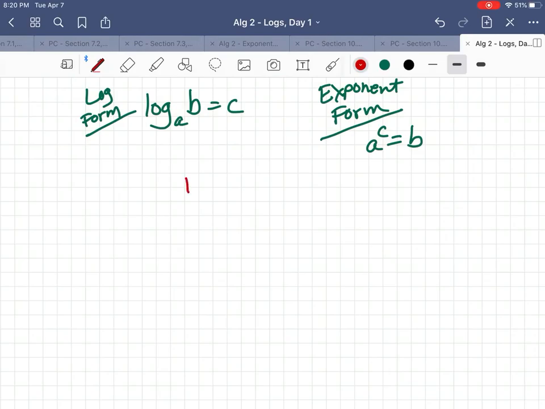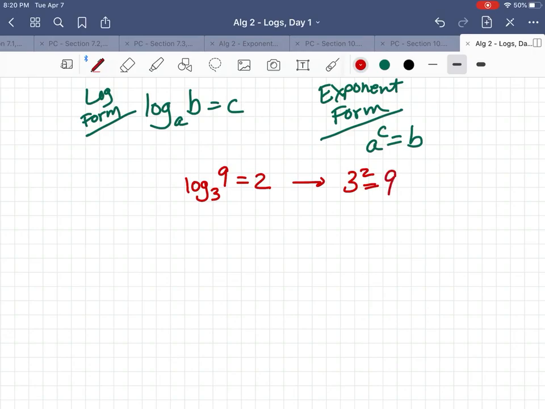So if I wrote log base 3 of 9 equals 2, and if you wanted to, you could put this in your calculator and it would give you the answer 2. It has to transform this way. 3 is my base, so 3 to the second power has to equal 9. So 3 squared equals 9, which is true.